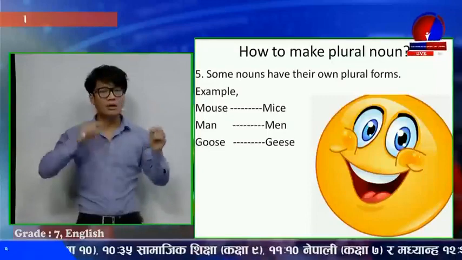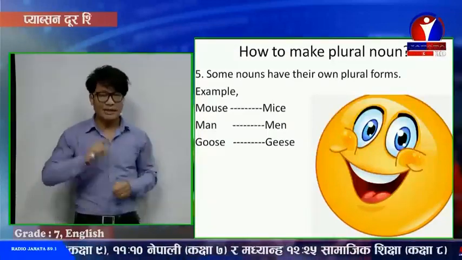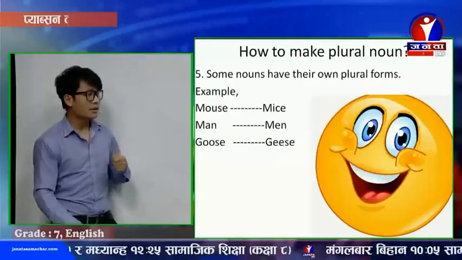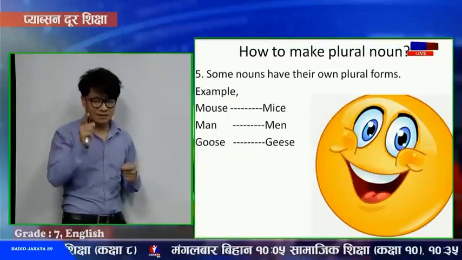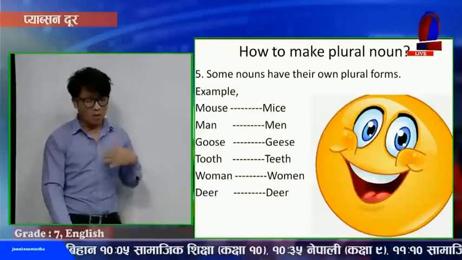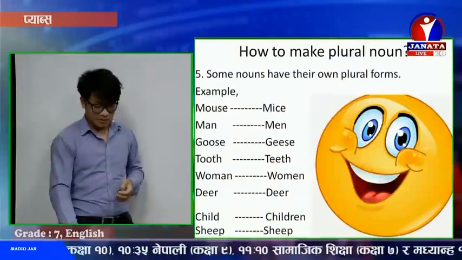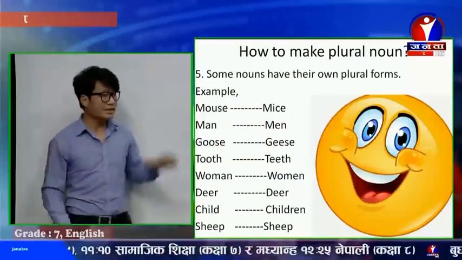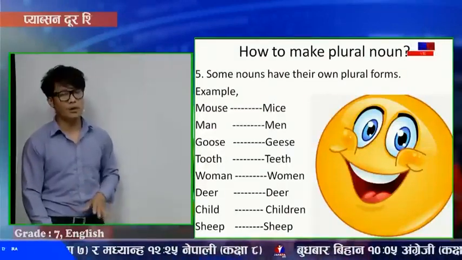So mouse, mice, man, men, goose, geese. Its plural form is geese. Tooth, teeth, woman, women, deer, deer. Child, children, sheep, sheep. So these are examples of those nouns which have their own plural form.